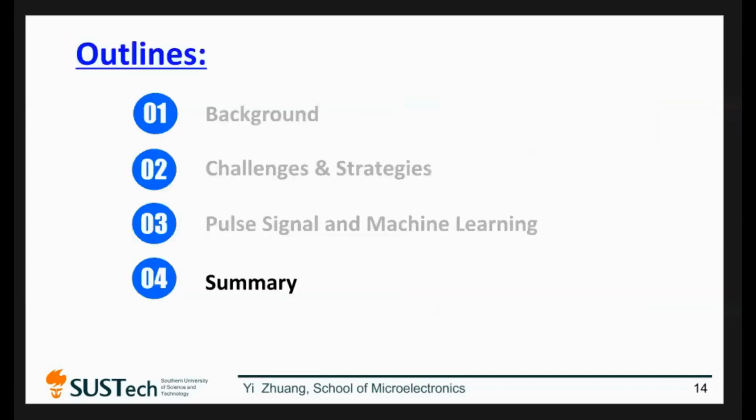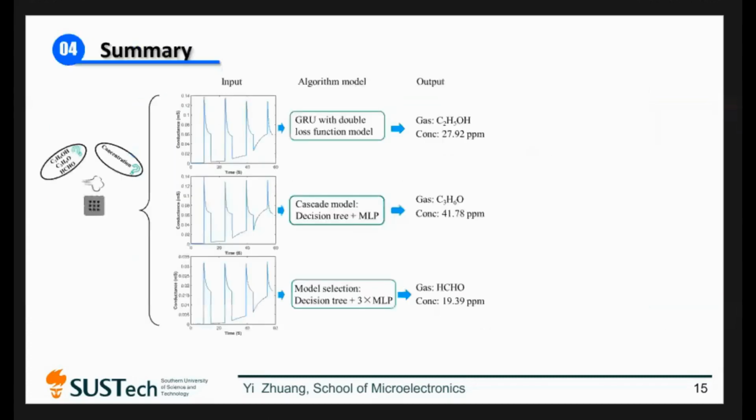In summary, we propose pulse heating combined with machine learning to enhance gas type identification and concentration regression. We introduced three approaches on top of two models, though they all have some disadvantages and advantages.